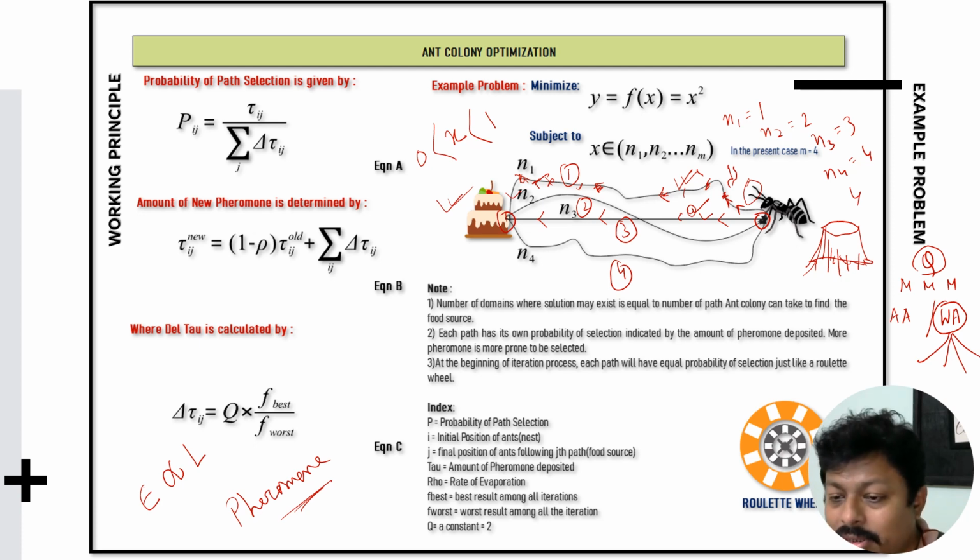But Hansel and Gretel somehow knew this plan earlier. So what they had done is, they had taken bread with them.